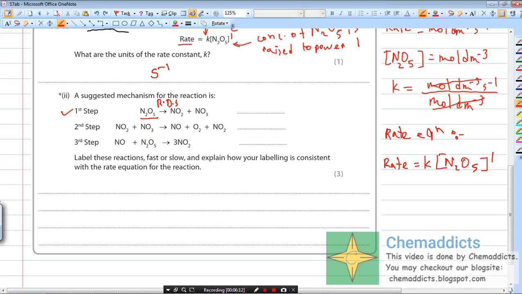The only reactant present in the rate determining step is dinitrogen pentoxide.